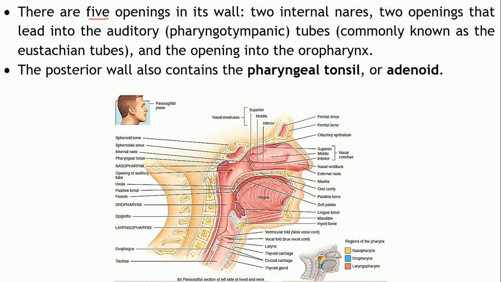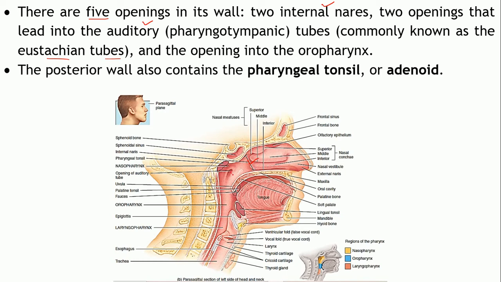First of all, there are 2 internal nares. There are 2 partitions of your nose, externally as well as internally. So there are 2 internal nares which open into the nasopharynx. There are also 2 openings which lead to the auditory tube, or pharyngotympanic tube, commonly known as the Eustachian tubes. You all must have heard of it.